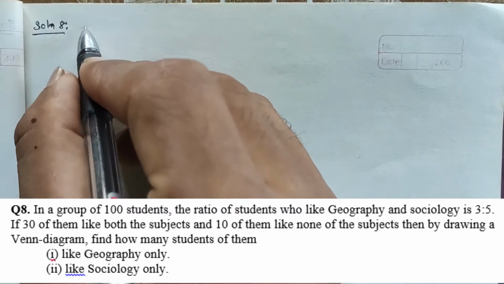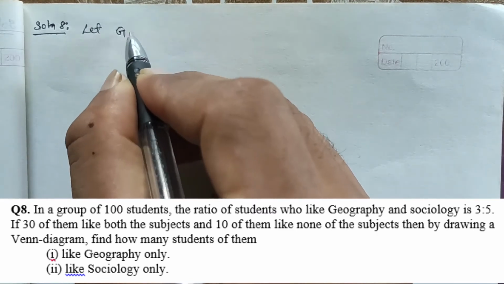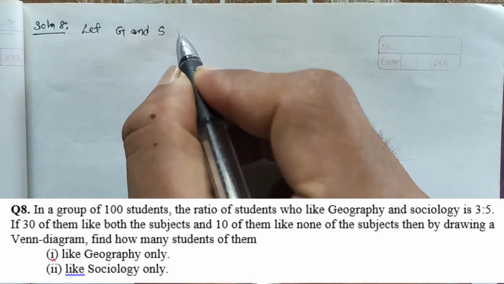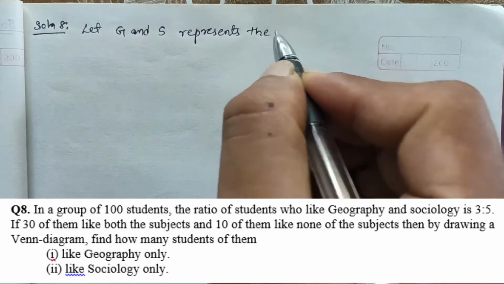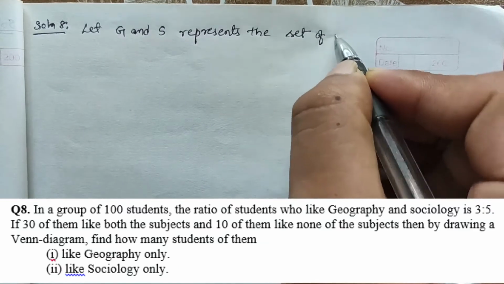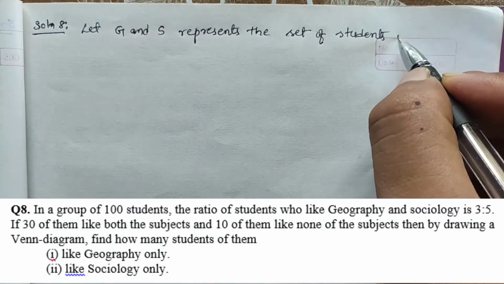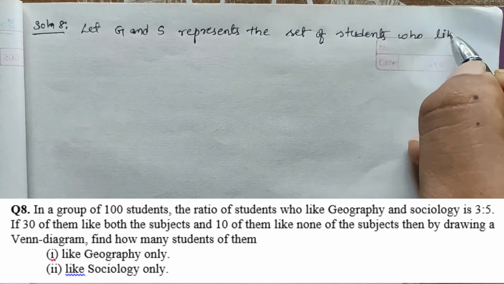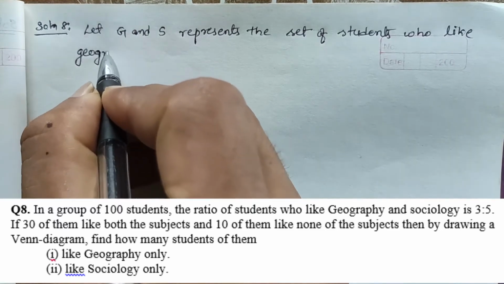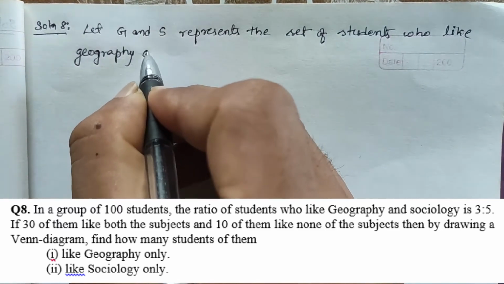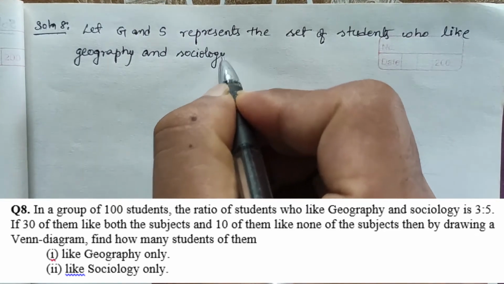Let G and S represent the sets of students who like geography and sociology respectively.